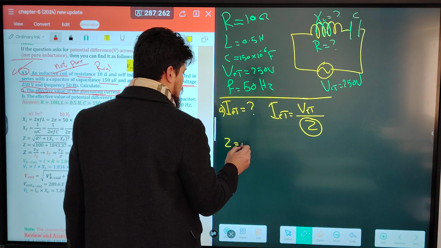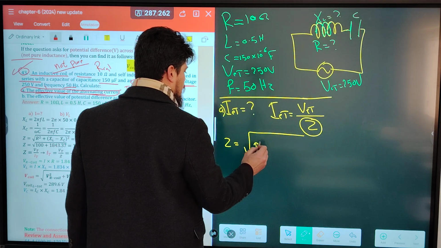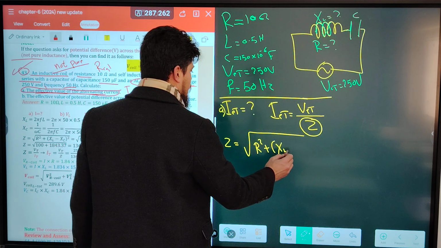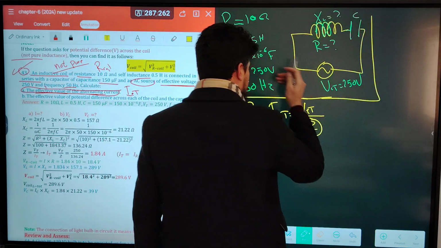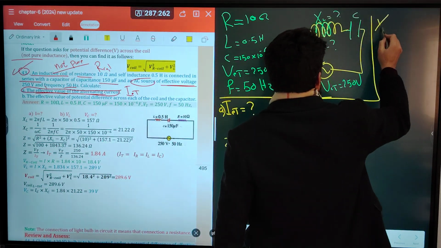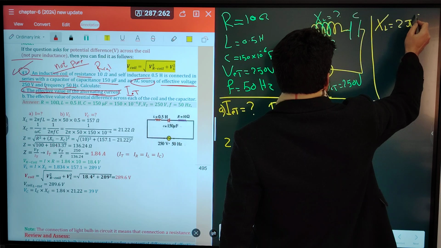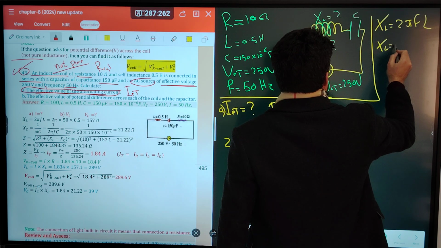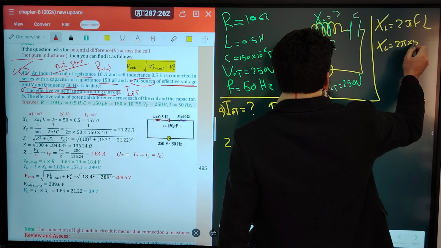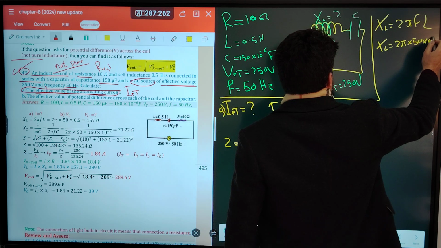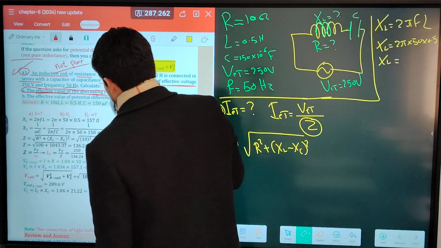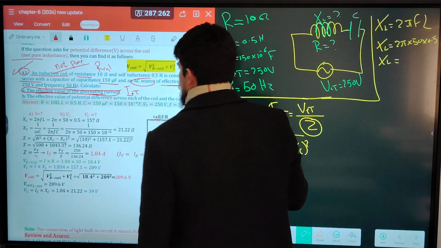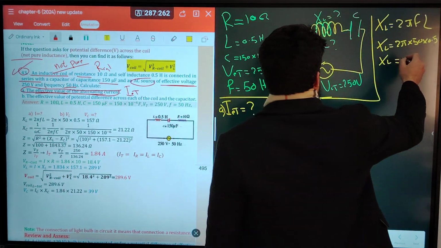How can you determine Z? Z is the square root of R square plus XL minus XC square. Do we have XL and XC? No. XL is equal to 2 pi FL, 2 pi times 50 times 0.5, so XL is equal to 157 ohm.